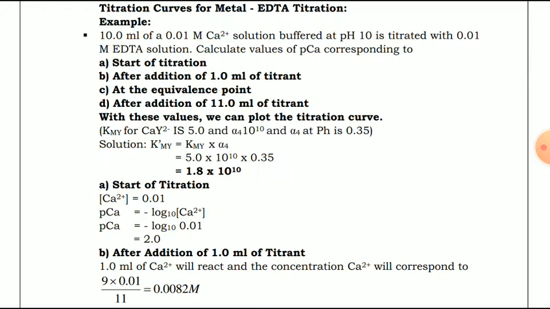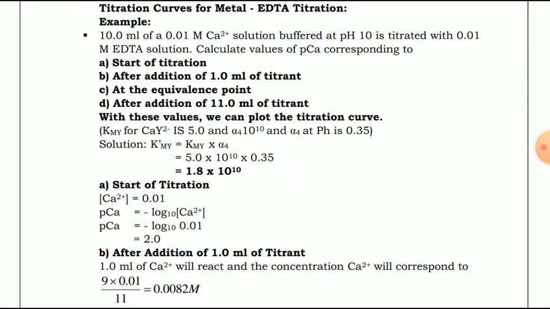And its volume will be 1 ml, right? When we add 1 ml from the burette into the conical flask, at that time the total volume will be 11 ml.